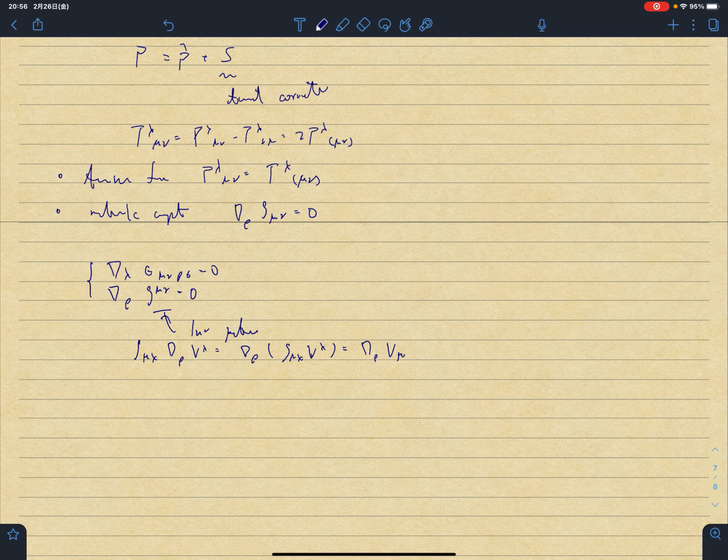With a non-metric-compatible connection, we would have to be very careful about index placement when taking these derivatives. Torsion free.